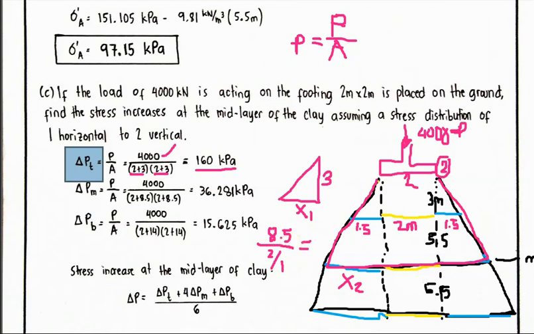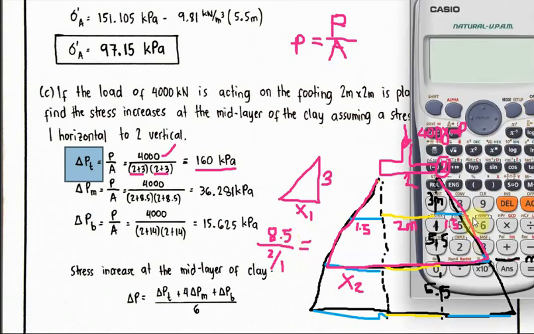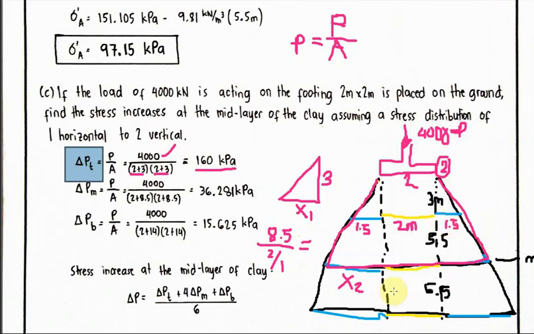So let's calculate. 8.5 divided by 2 is 4.25. Therefore this is 4.25, and also this is 4.25.